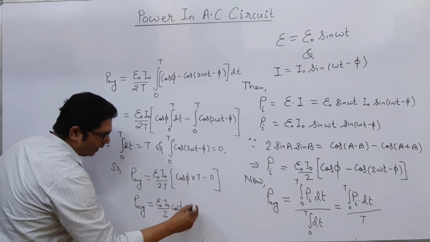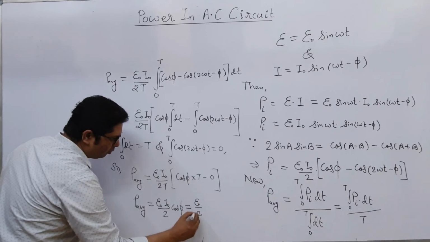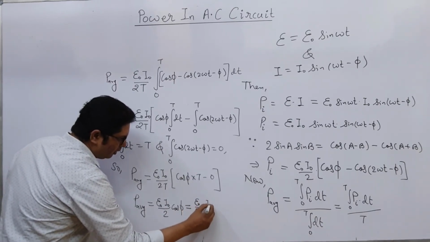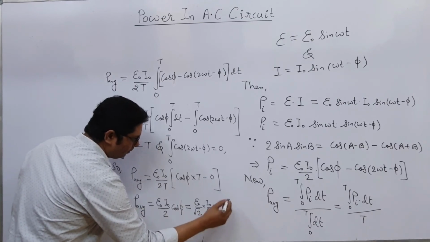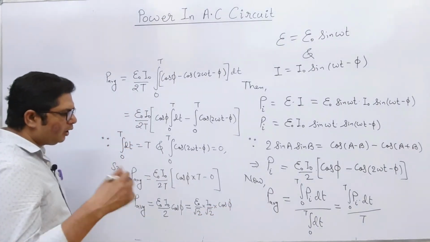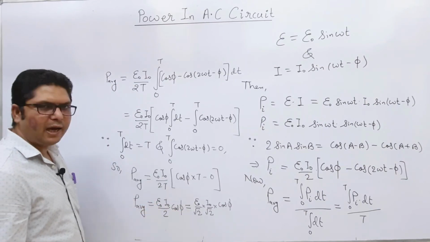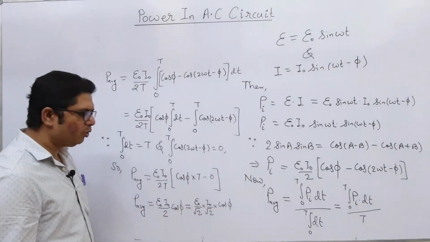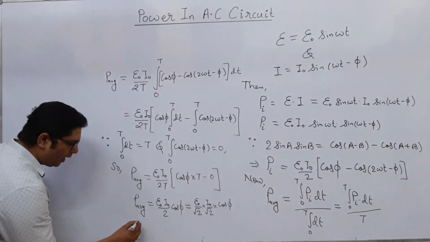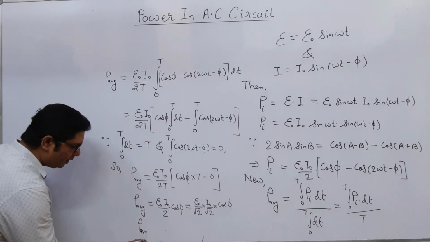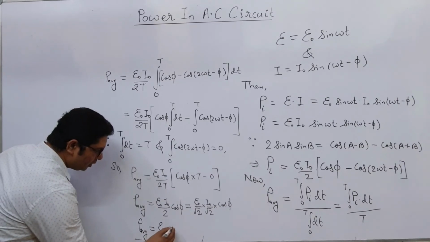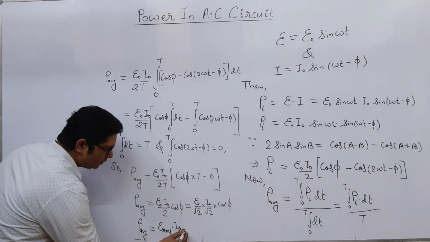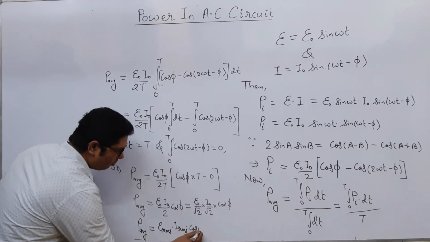This can be written as E naught by root 2 into I naught by root 2 into cos phi. Now you know that E naught by root 2 is ERMS and I naught by root 2 is IRMS. So we have P average equals ERMS into IRMS into cos phi.